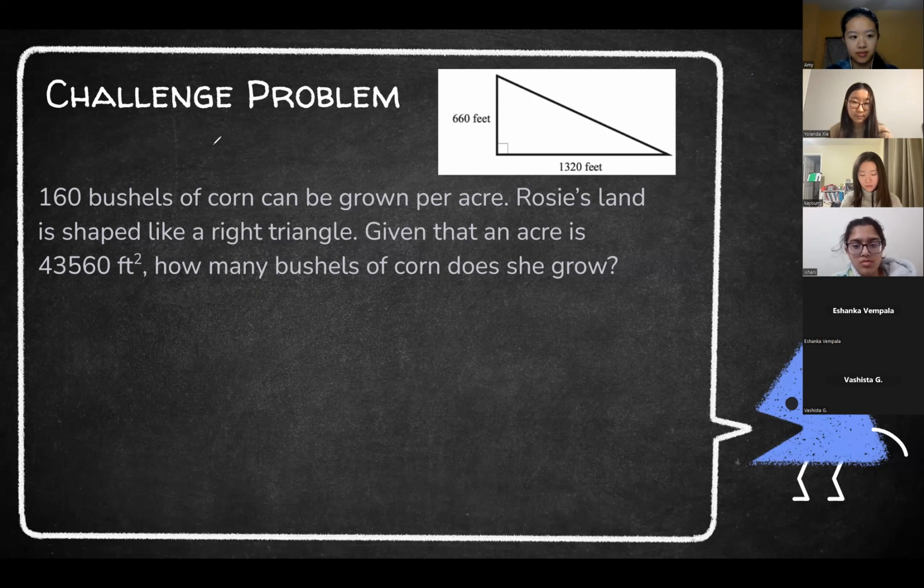Okay. Remember that you are going to be doing more than just finding the area, right? Because you have to find the area, yes, but you know that 160 bushels of corn can be grown per acre. So you have to do a little bit more than just the area.